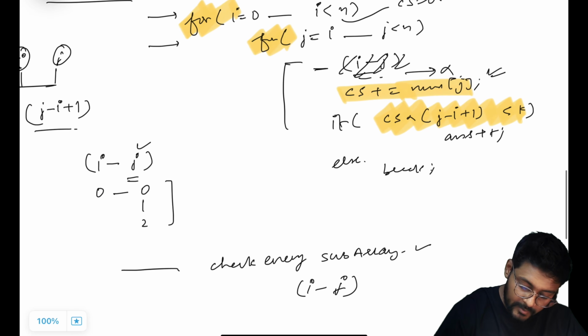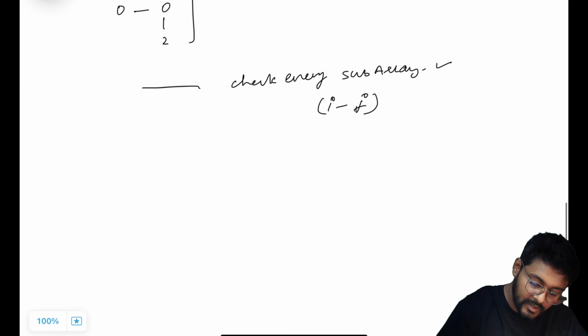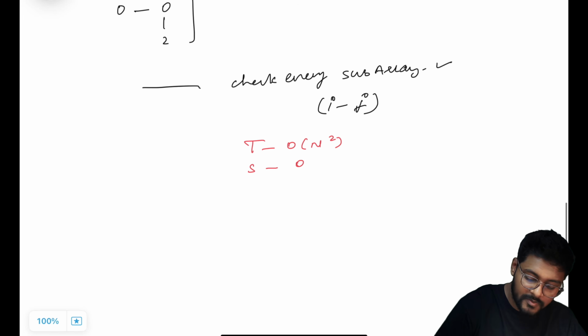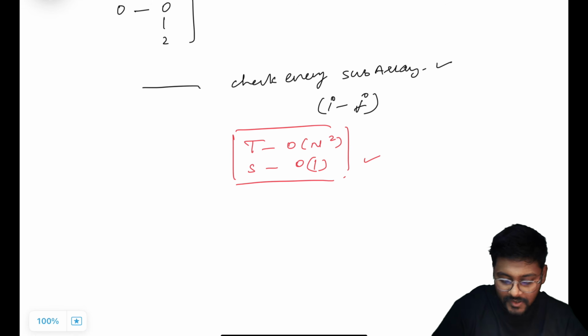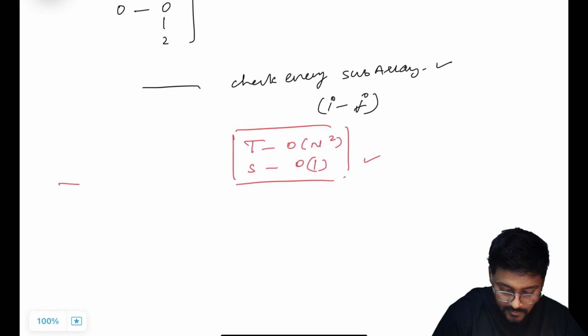So here, what is the time and space complexity? One iteration for this can go till around order of n time. This can also go order of n time. It will be order of n square time. And what about the space? Are we taking any space? No. It's a quadratic time and constant space operation.